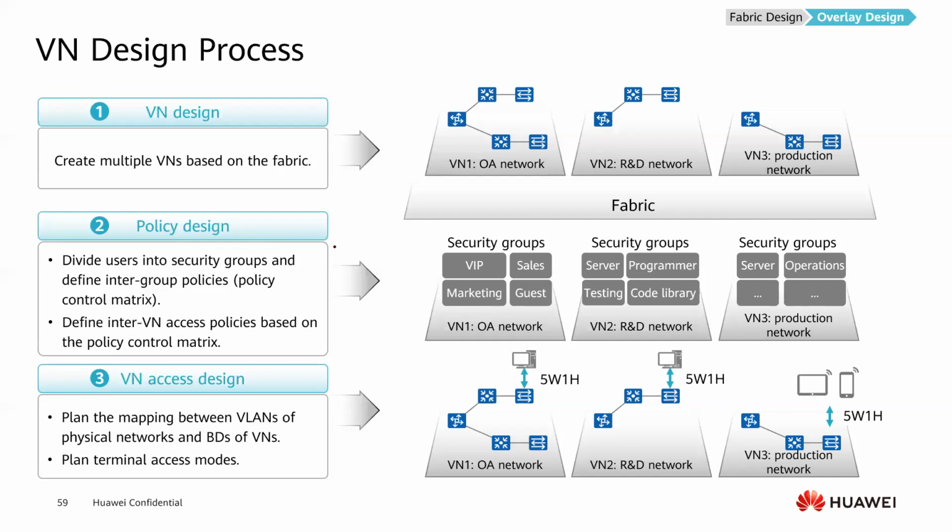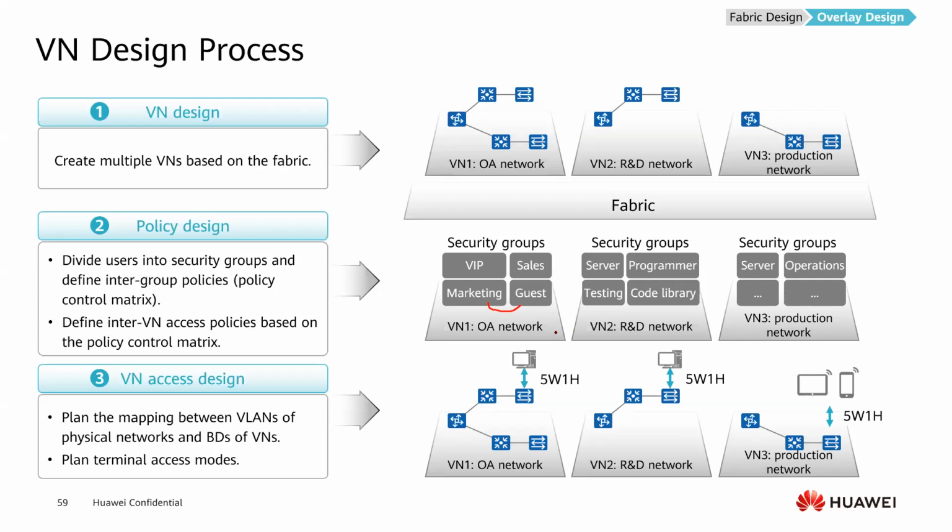And then you need to do the policy design. There are 2 layers of the policy design. One is within a VN. Within a VN, you need to think about the policy between the different security groups. If the security groups are in the same VN, you need to deploy the policy control matrix on the controller and deliver it to the devices to do the traffic control.